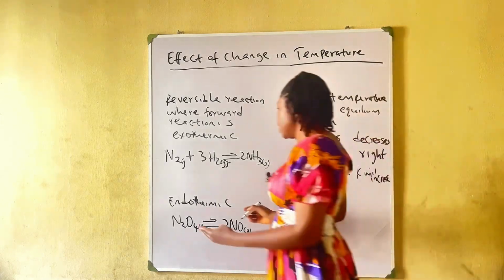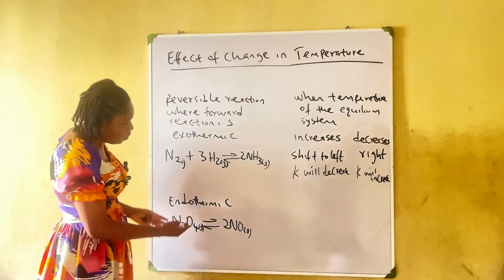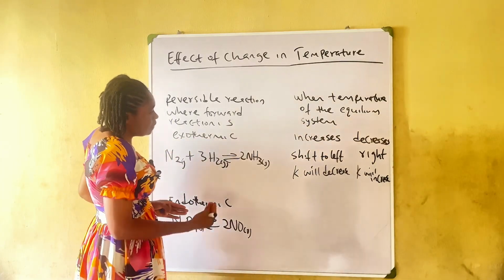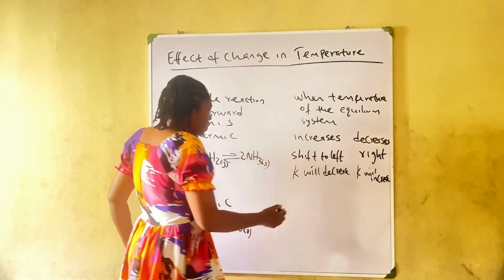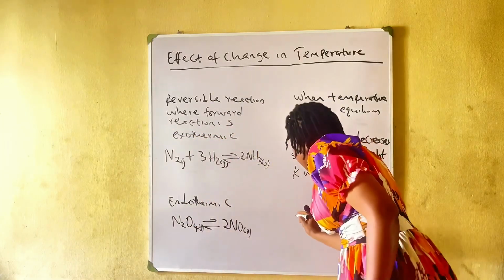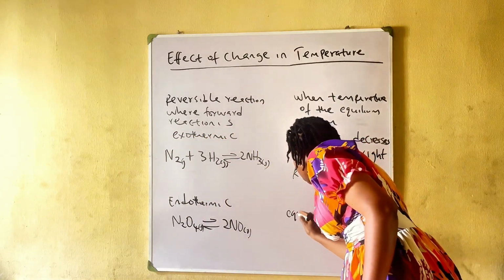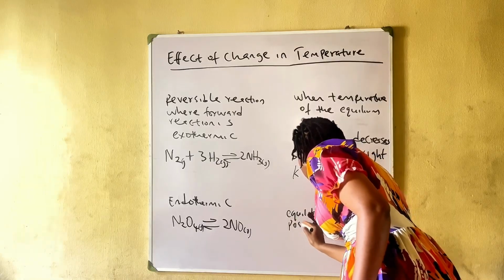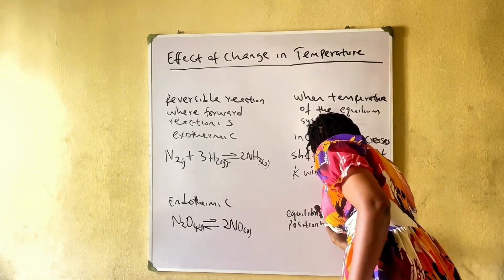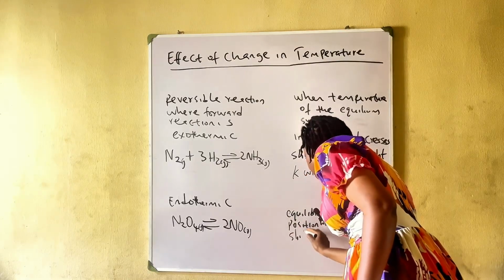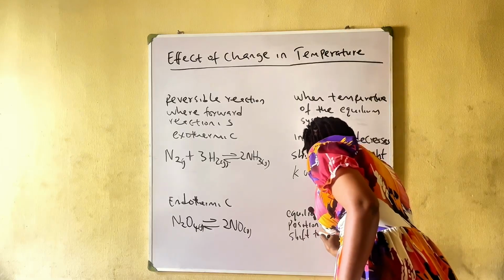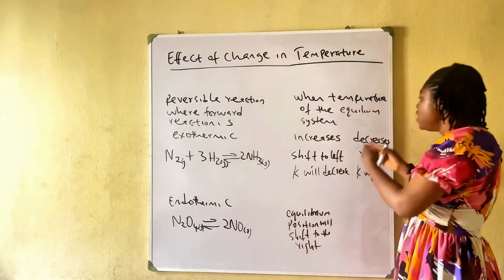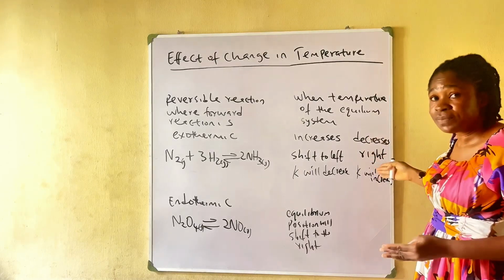Alright, let's go to another reaction, the endothermic reaction. If the forward reaction is endothermic and I increase the temperature, the equilibrium position is going to shift to the right. What if the temperature is decreased?